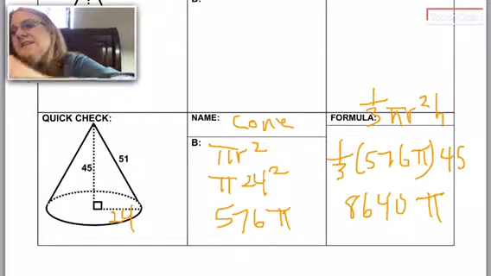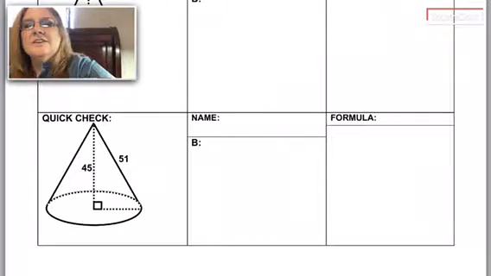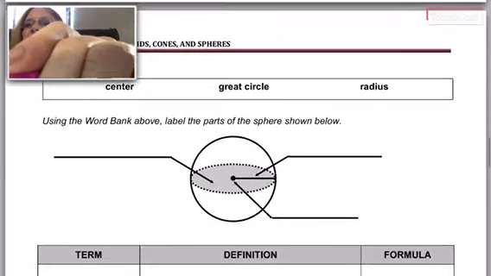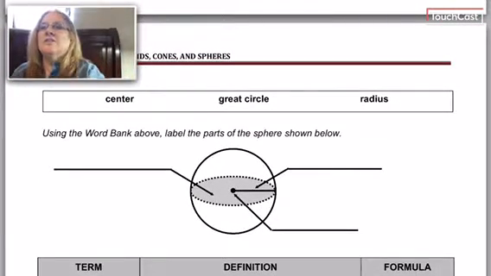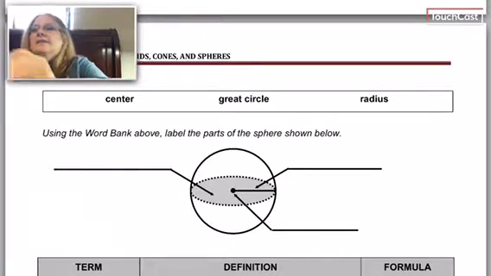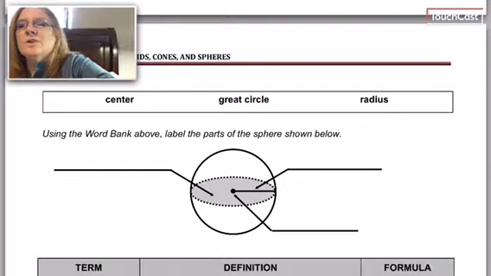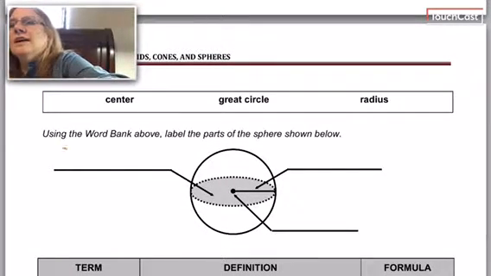Okay, these next ones here, I wish that I had... I usually use a picture in my class. But here we have a sphere. And in a sphere, if you take a slice right out of the middle of the sphere, that is called a great circle. Okay, and a great circle is two-dimensional. And so basically, it's just a circle.